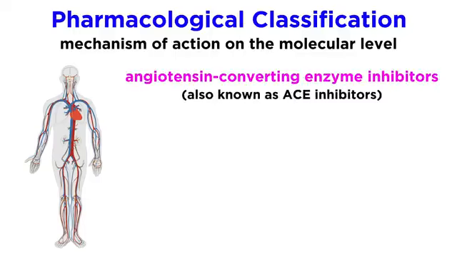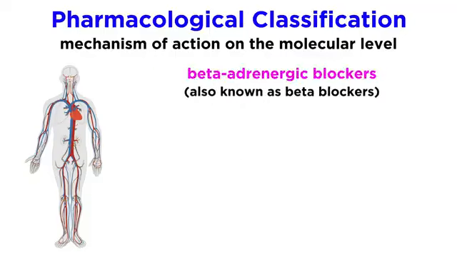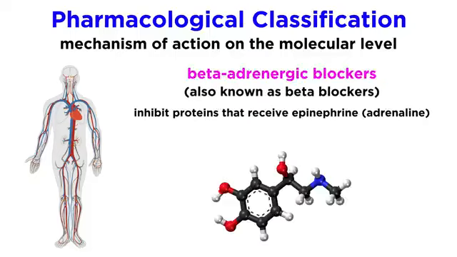Angiotensin-converting enzyme inhibitors, or ACE inhibitors, discourage the formation of angiotensin II by inhibiting the enzyme responsible for its production from angiotensin I.